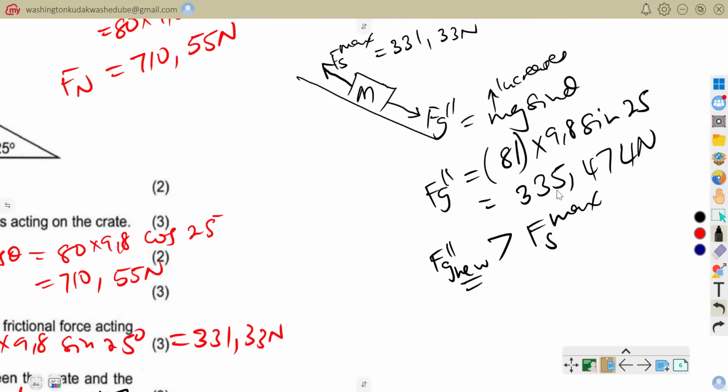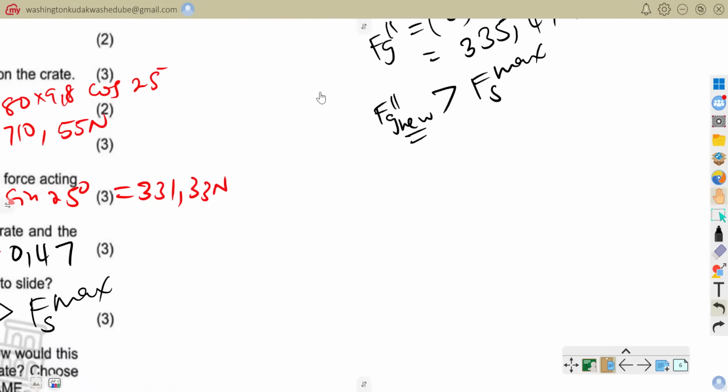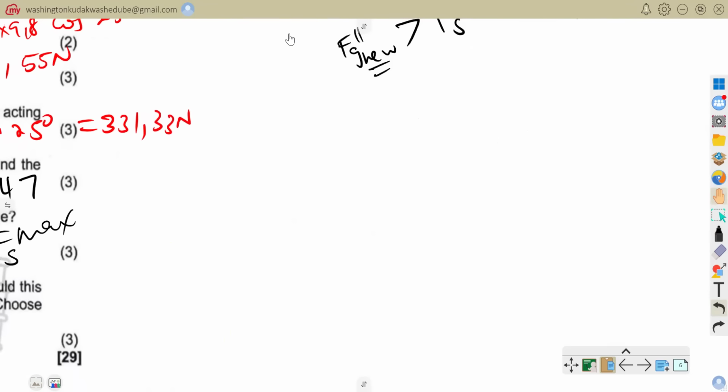So they are saying, give your answer as yes or no and explain why. So the explanation that you can simply give there, I have explained how. So now I would come and say 3.47. You are just going to say yes.